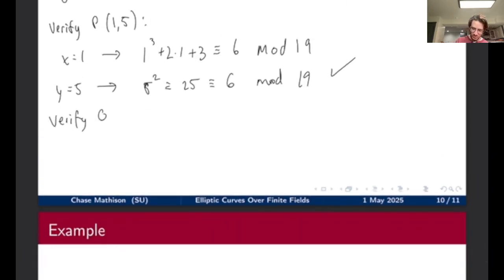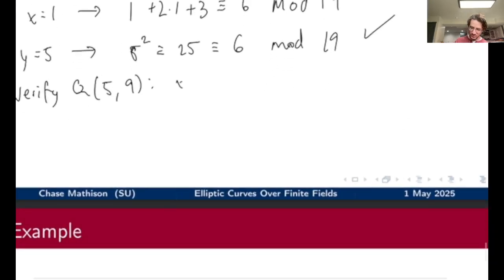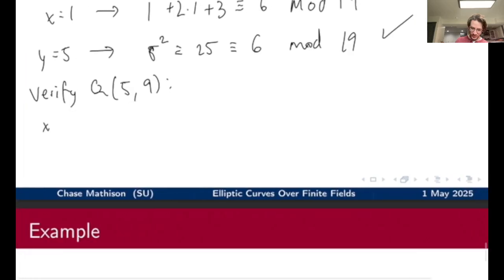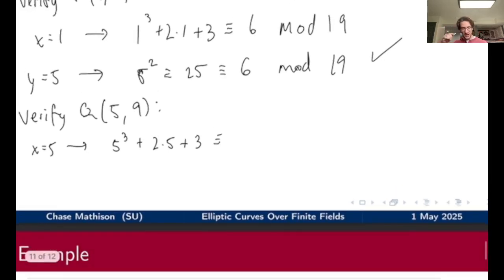Verify Q, which is the point (5, 9). All right, so I plug in x equals 5, and I get 5 cubed plus 2 times 5 plus 3. 5 cubed is 5 squared times 5, so that gives me 6 times 5, because 5 squared mod 19 is 6, right? We just did that in the previous step.